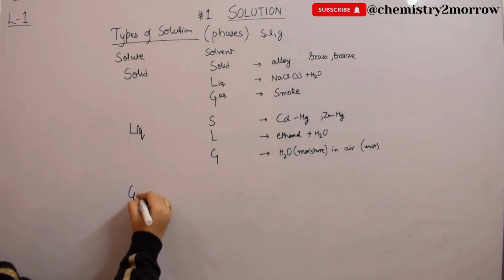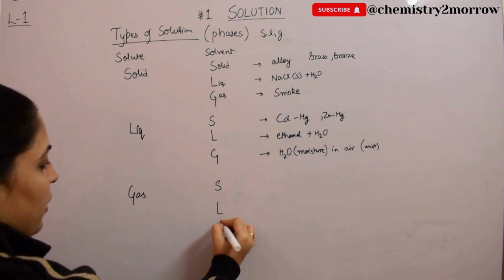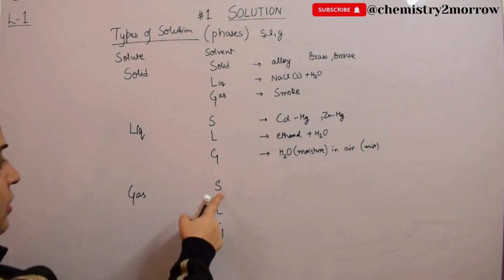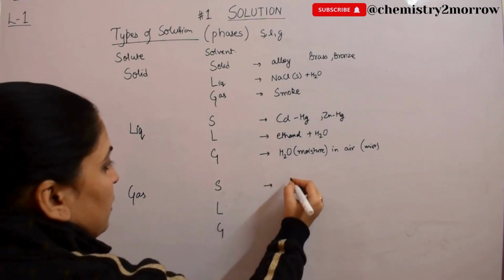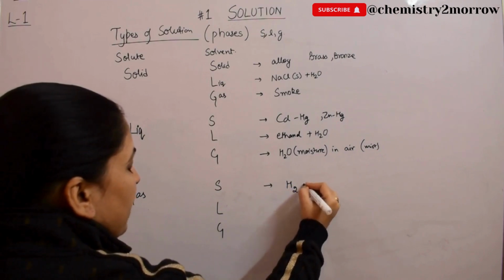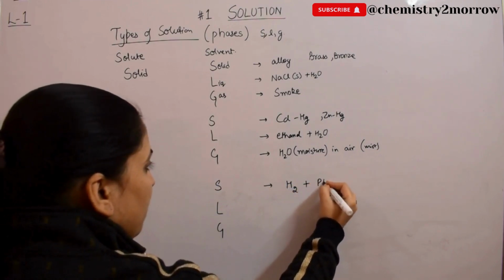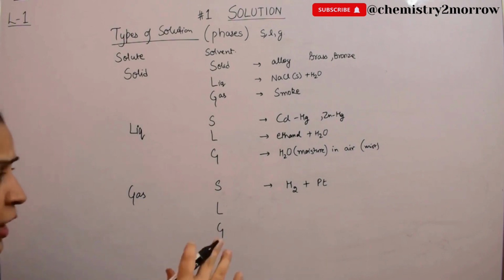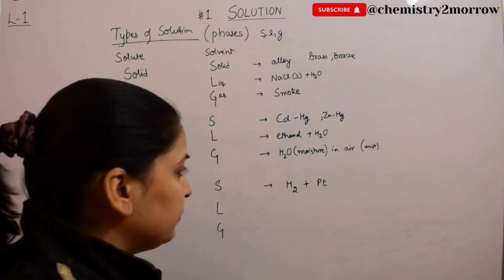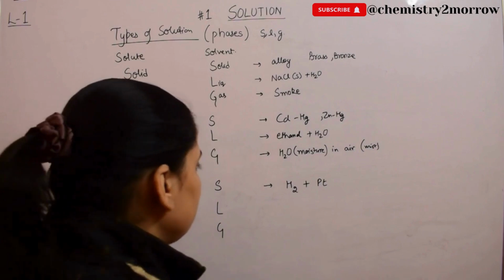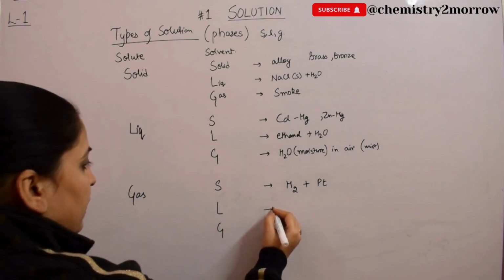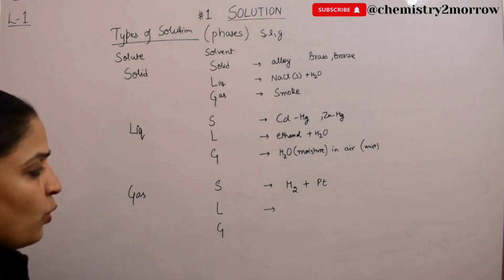Then there comes gas in solid, liquid and gas. So gases in solid: one is H2 gas on platinum. This is used for hydrogenation of hydrocarbons. Then gases present in liquid.